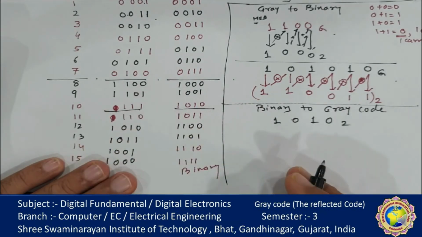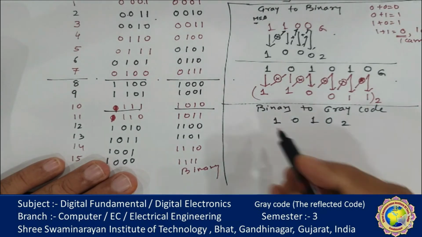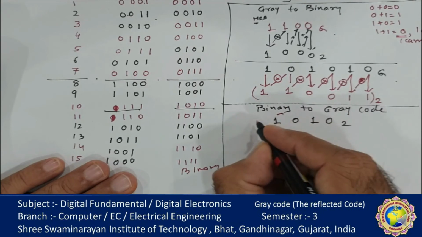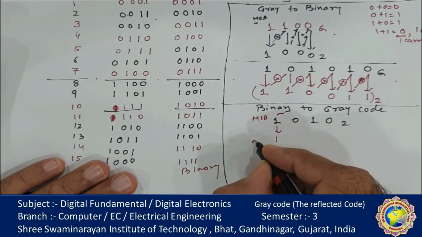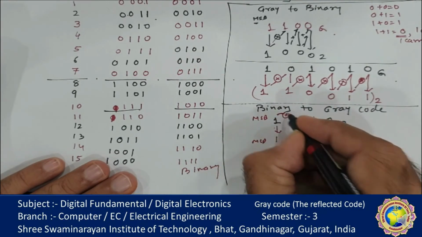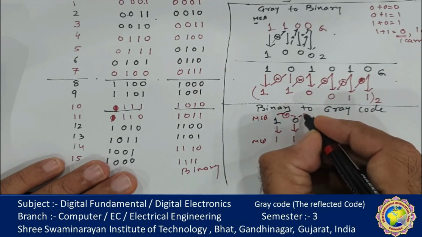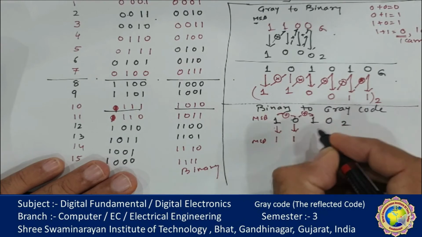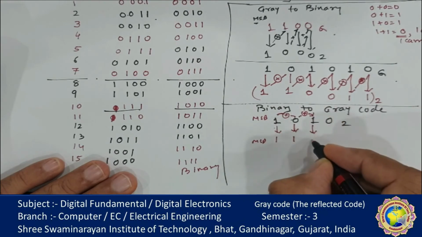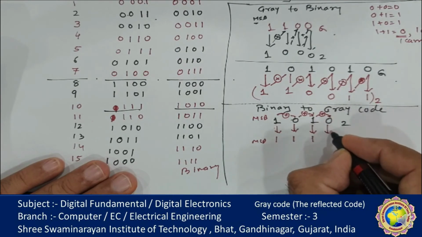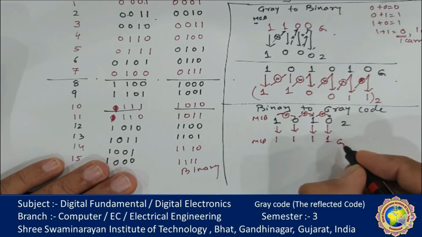What we'll do, the 1 will remain the same. Now this MSB is added with the next bit: 1 plus 0 is equal to 1, 0 plus 1 equal to 1, 1 plus 0 is equal to 1 in gray code.